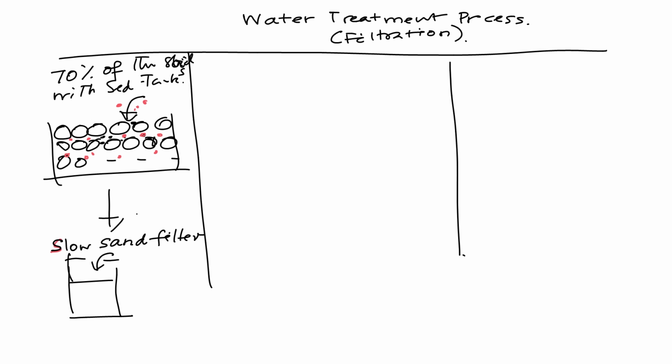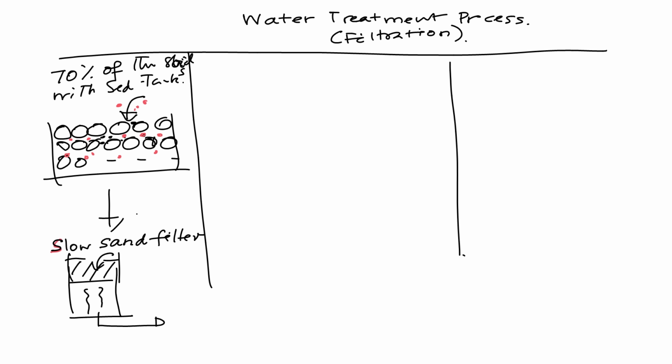Because of the pressure developed from the water height, the water is filtered through the slow sand filter, and then the water comes out, and they put chlorine or something and then drink the water. This is very effective. It was very effective during the early days of human civilization.